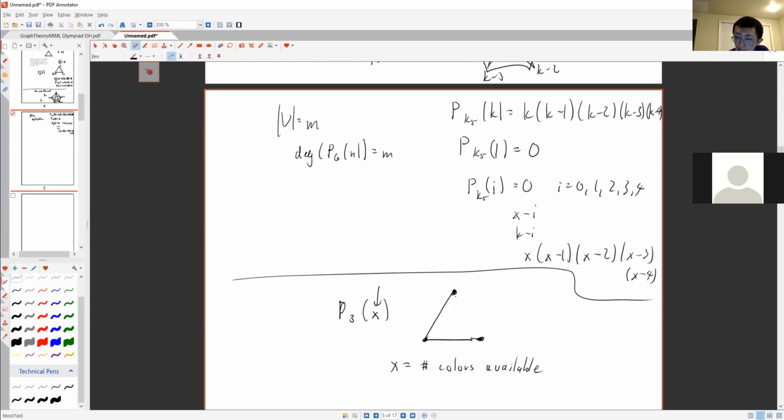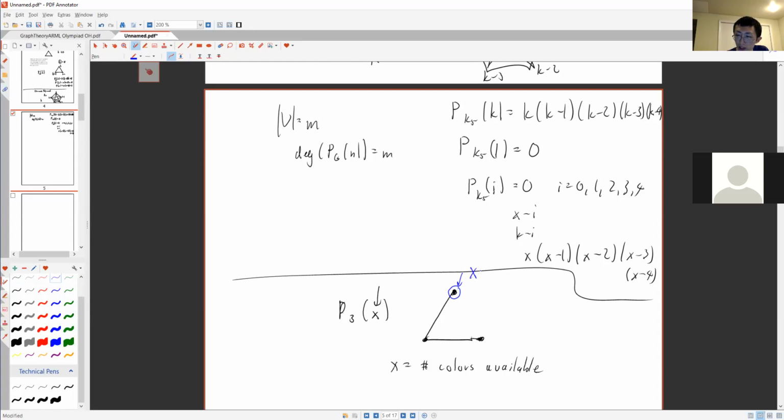So this time we're missing an edge, so it's not the same as the last one. Let's take it one vertex at a time. Let's say I start at this vertex. How many ways to color this one? Yeah, there are x ways to color it.